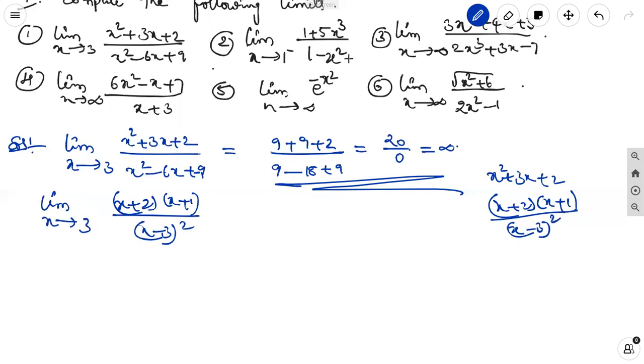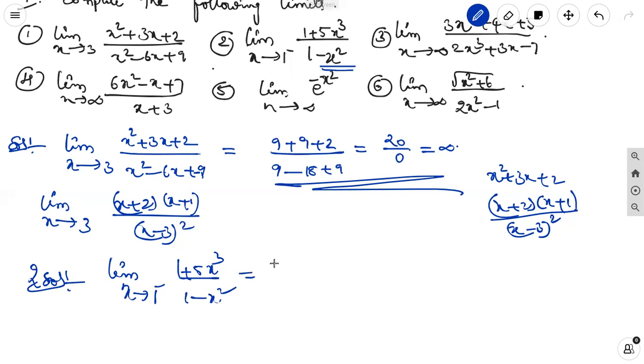When we substitute x equal to 1, it goes to infinity again. Limit x tends to 1 minus of (1 plus 5x cube) by (1 minus x square) is equal to (1 plus 5) by (1 minus 1), 6 by 0. This is also infinity. In this also no cancellation factors, so we can substitute directly.